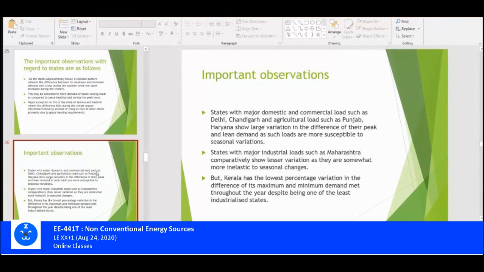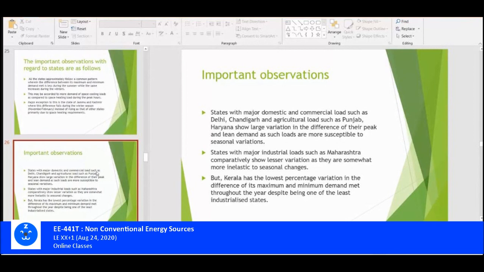Suppose there is a good monsoon season. Now the agricultural load demand will definitely go down, and we can divert our power to the industries rather than channeling it to the agricultural or rural sector.